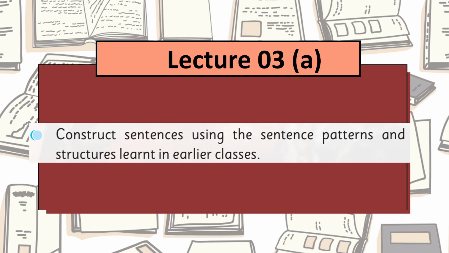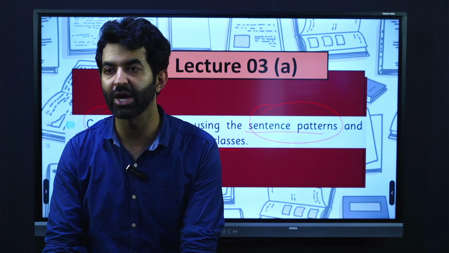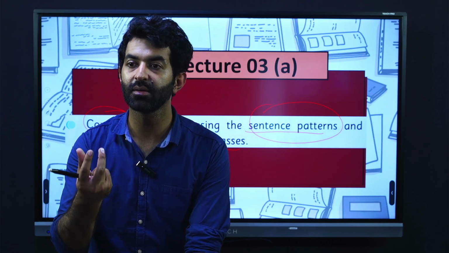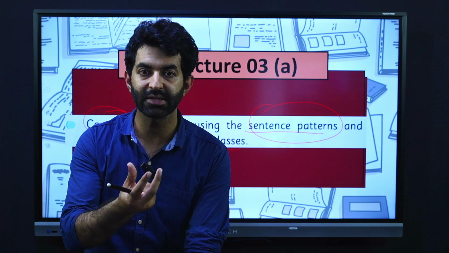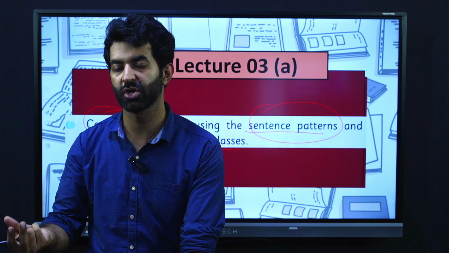All right. Now for lecture 3A, we are going to talk about making or constructing sentences using the sentence patterns and structures learned in earlier classes. Sentence patterns like subject, verb, object. कितना बेसिक पैटर्न है कि आपके सेंटेंस में पहले सब्जेक्ट आए, फिर वर्ब आए और फिर ऑब्जेक्ट.